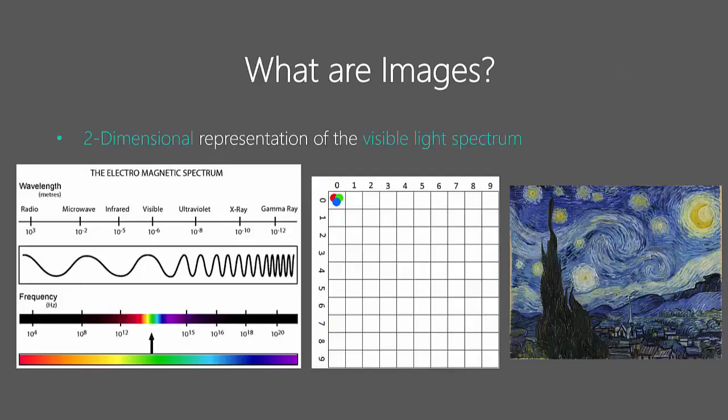Hi, so what exactly are images? I have a one-line definition here, which tells us that images are a two-dimensional representation of the visible light spectrum. So what exactly does that mean? What does two-dimensional mean in this context? You may have a faint idea that an image can be a photograph, or something you see on your laptop screen or TV screen, and that's exactly right.